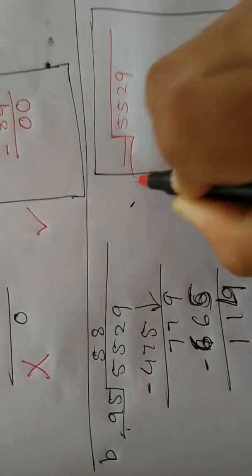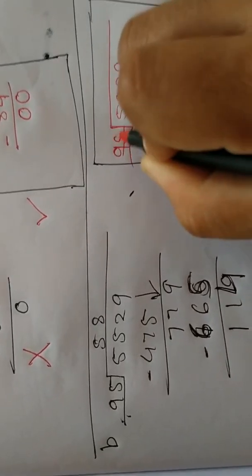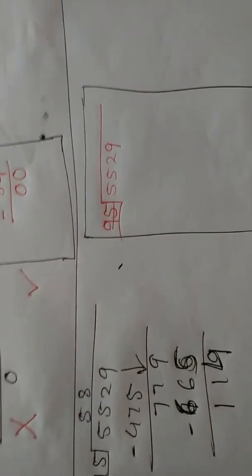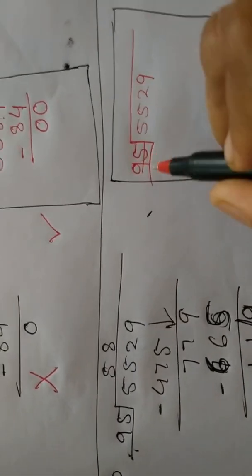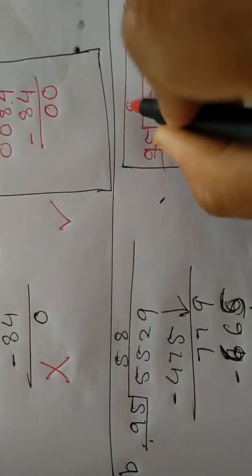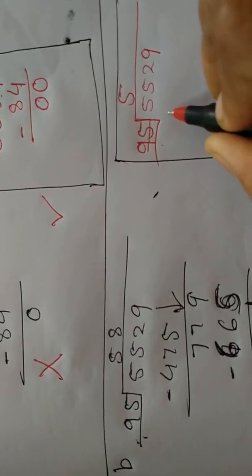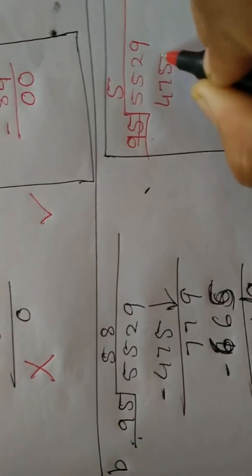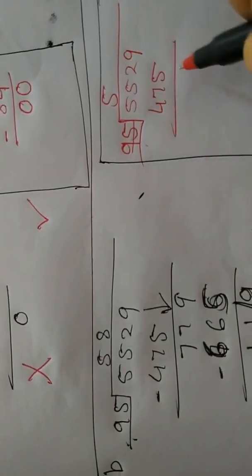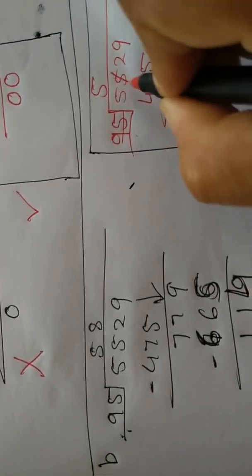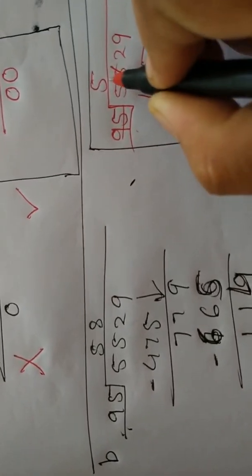5,529 divided by 95. 95 fives are 475. Now 2 minus 5 is not possible. Cut 5, write there 4.